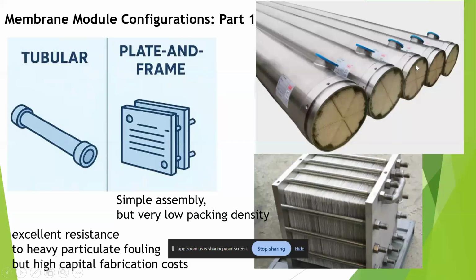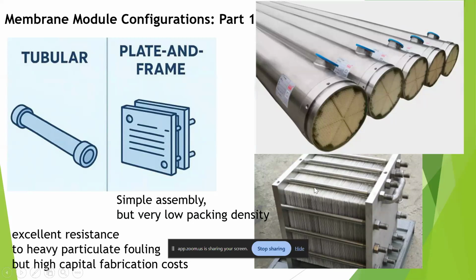This tubular kind of thing is effective, but it is extremely costly, where we are literally making use of a lot of metals, and because of that, the fouling also will come into play. So we need to replace that also, and the cost involved is very high.